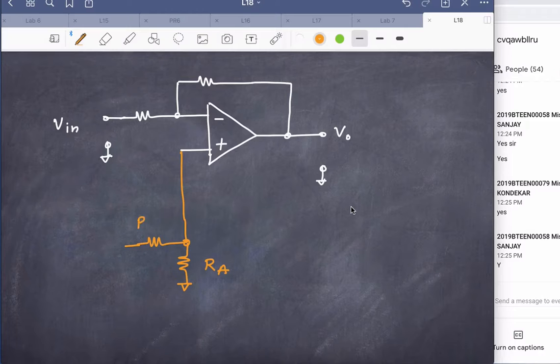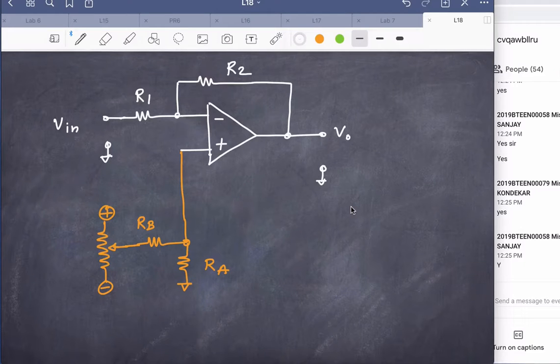RA, RB, and in order to make this voltage adjustable, we can provide the potentiometer. Right. So this is R2, this is R1.